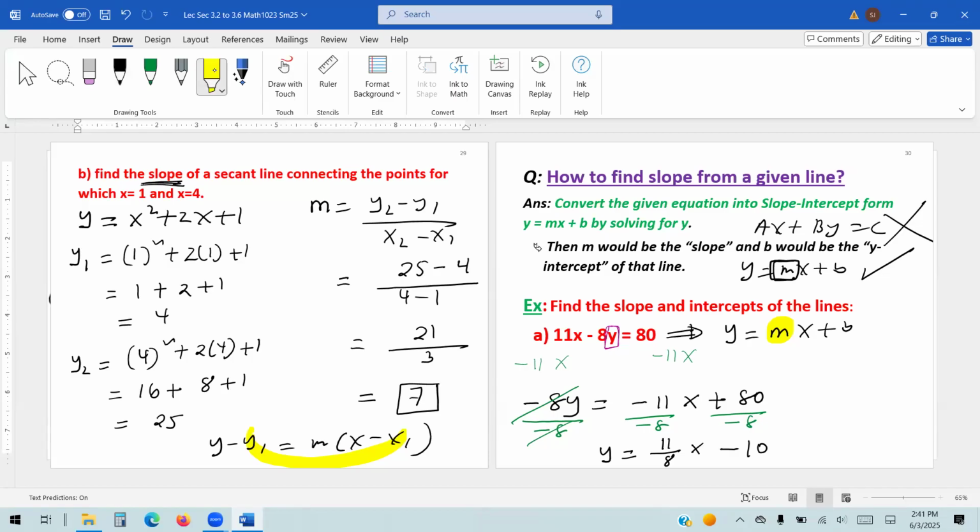So it converted this line into this line. Now do you see the slope? What's the slope of this line? 11 over 8. Not x, only the number. This is our slope, 11/8.